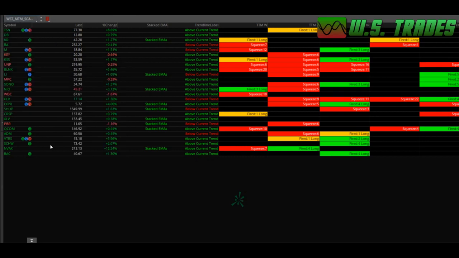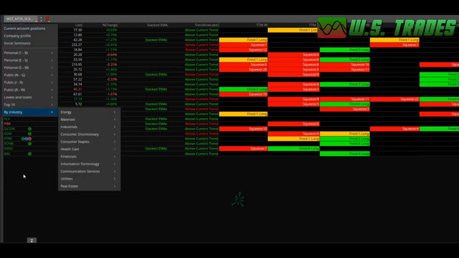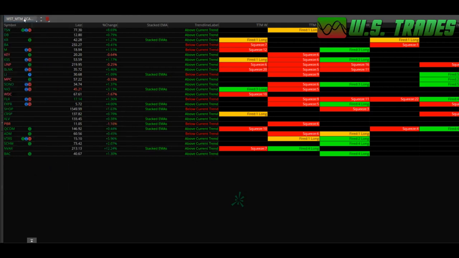Scanner's picking up... Oh, I was already on it. So it's not overwhelming, the stuff that it picks up every day, so it's easy to click through and find stuff, and it's something that I love. And again, all this stuff is customizable. It's set to pick up only things that have weekly options, which typically have a lot more liquidity.